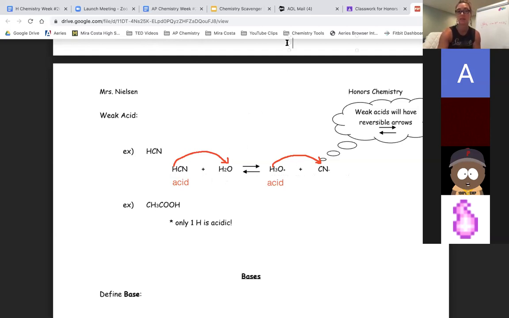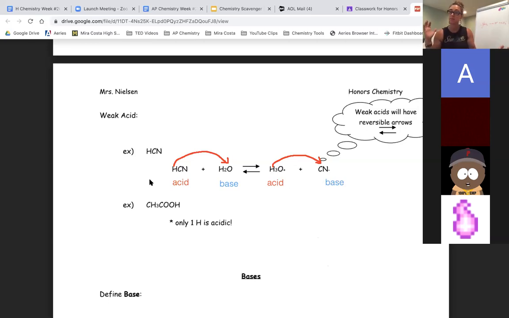So that means that this water is acting like a base in the forward direction. And the cyanide is acting like the base in the reverse reaction, okay? So the acid is the hydrogen donor, but the acid donates the hydrogen and then it comes back, right? It's reversible.